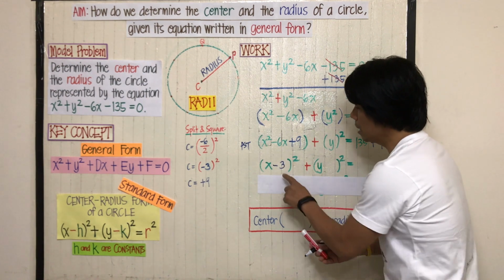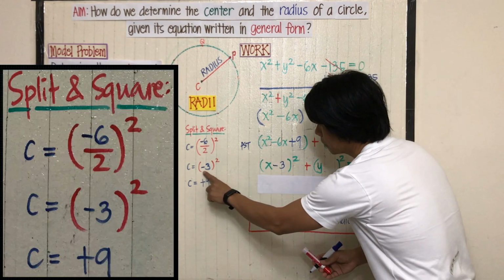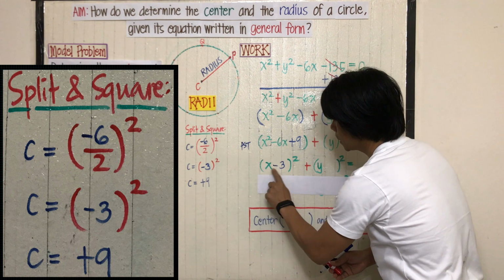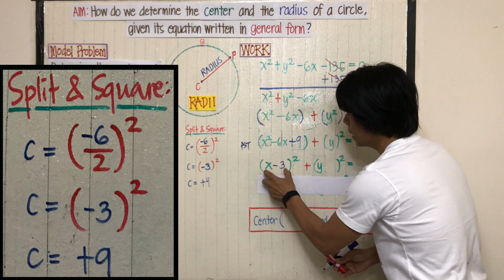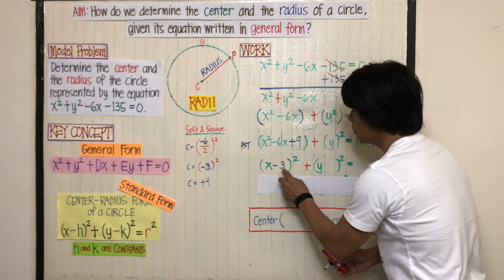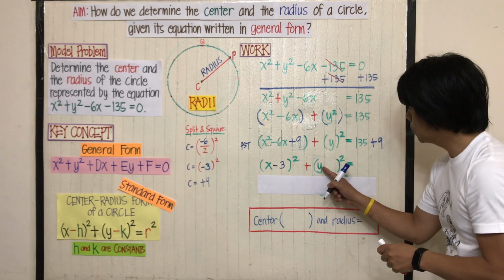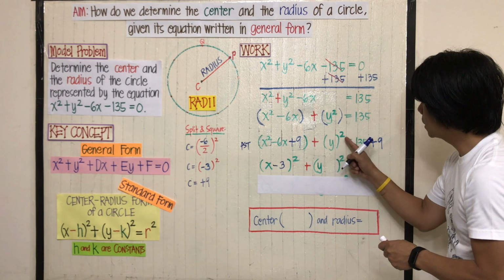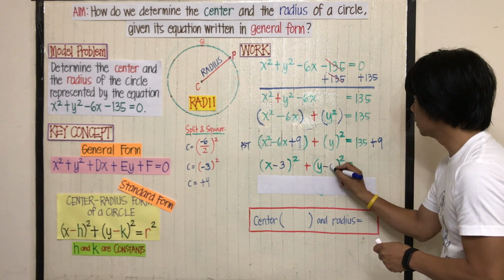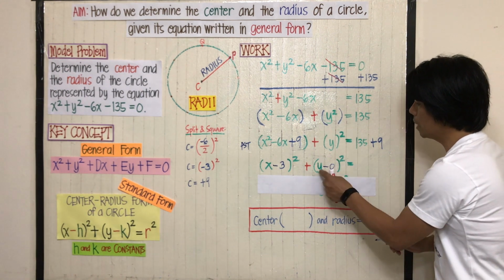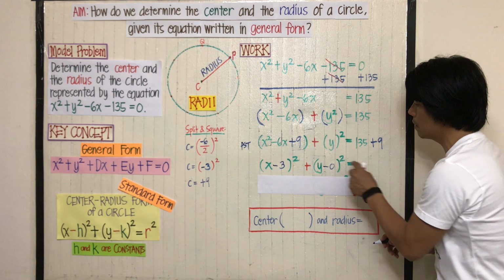But quickly, the negative 3 is from there. All right, so x minus 3, that's your binomial. So it's the square of x minus 3. Now, here, what do you subtract from y to get y squared? It's 0. So the square of binomial is y minus 0.